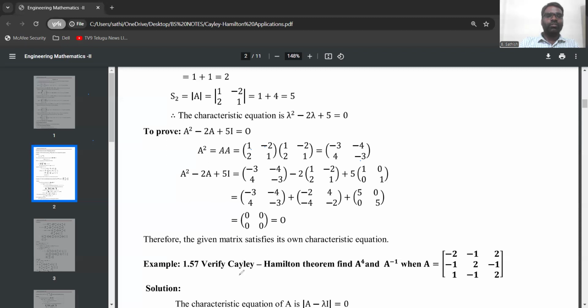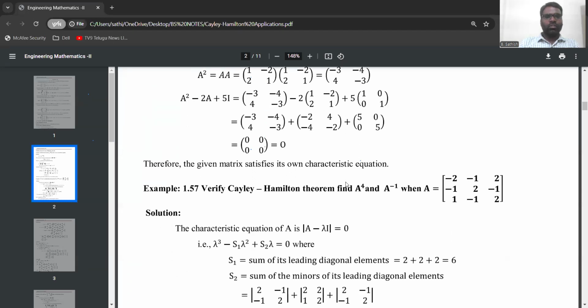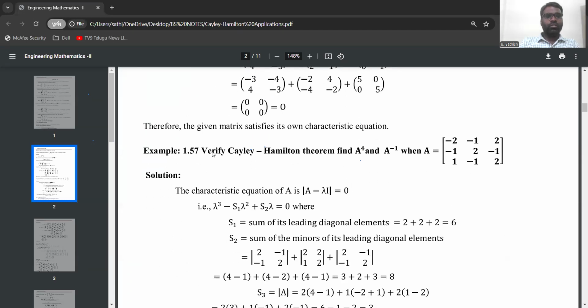So now we'll discuss one more application, verification of the Cayley-Hamilton theorem.